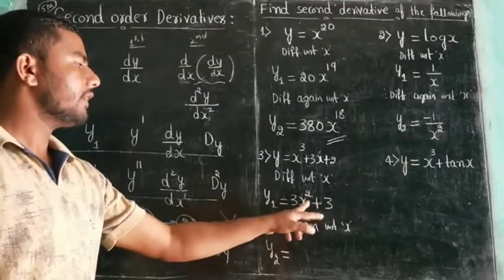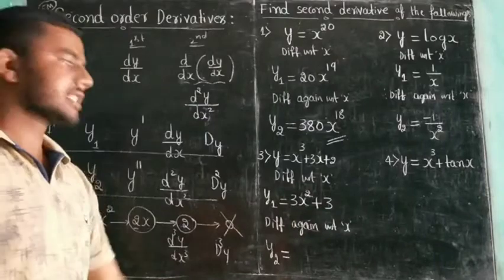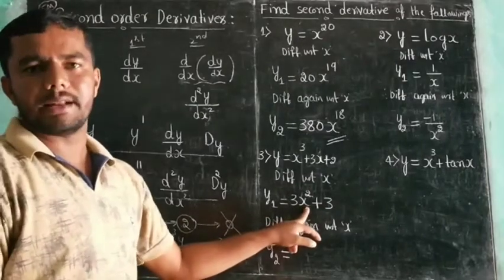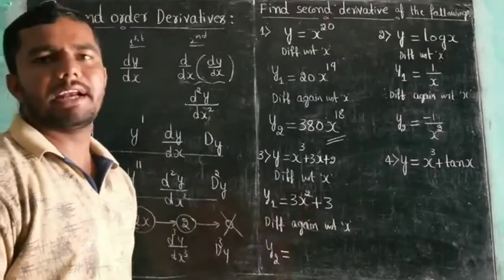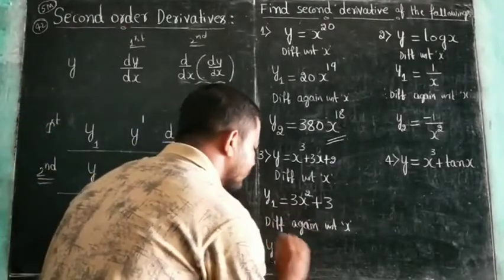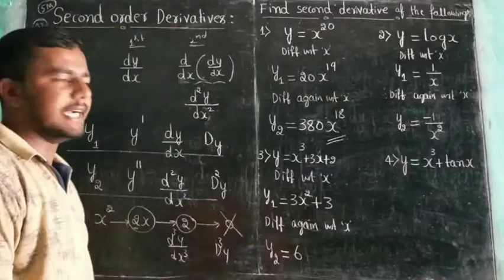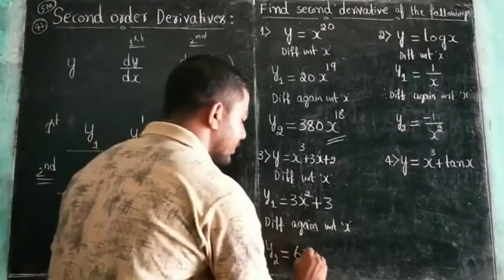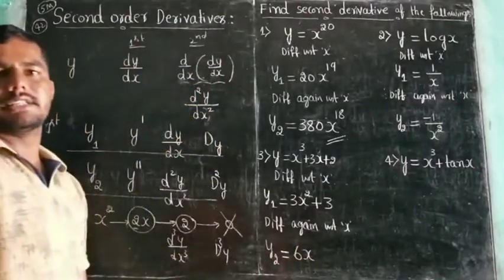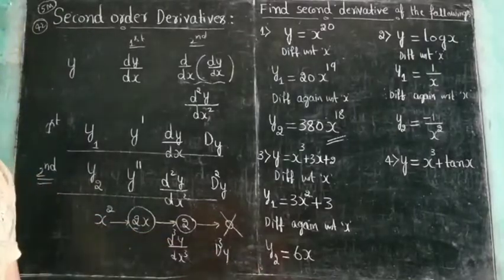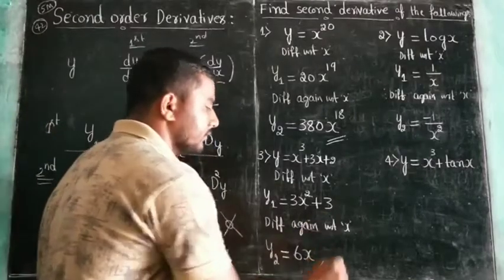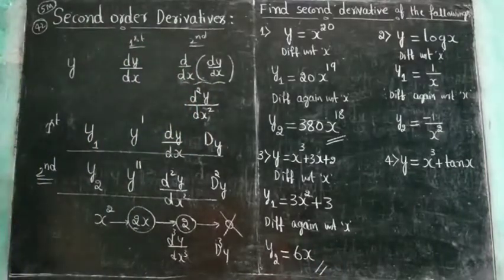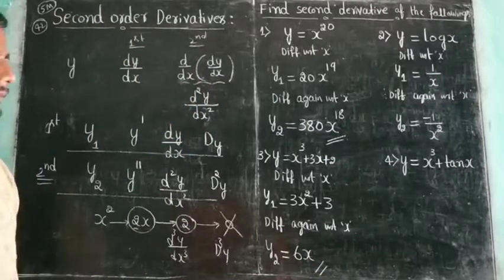What is the derivative of x square? x square is of the form x power n, so n into x power n minus 1. So multiply 2 into 3, 2 3s are 6 into x power 1. That is 6x plus, what is the derivative of 3? The derivative of 3 is 0. So 3 into 2x becomes 6x. Next step.